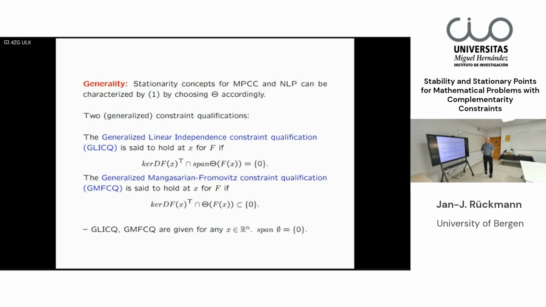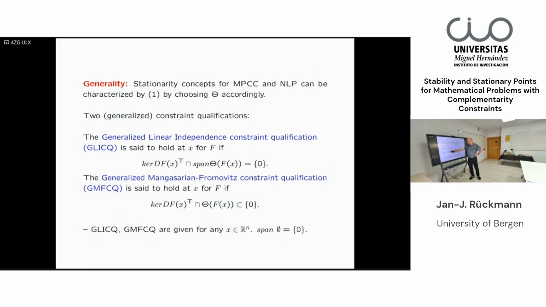The same thing, or an analogous approach, we can do for the constraint qualifications. We can define the so-called generalized linear independence constraint qualification and the generalized Mangasarian-Fromovitz constraint qualification. And we see the definitions here.